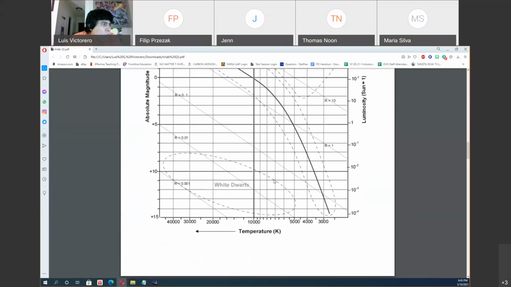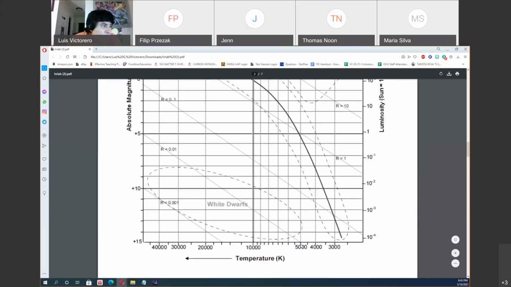So temperature goes from lower to higher, from right to left. I'm not going to repeat this again. From right to left, you have to look at the plot. So if this is 10,000, 5,000, 6,000, 7,000, 8,000, 9,000. Oh, wait. This should be 7,500.